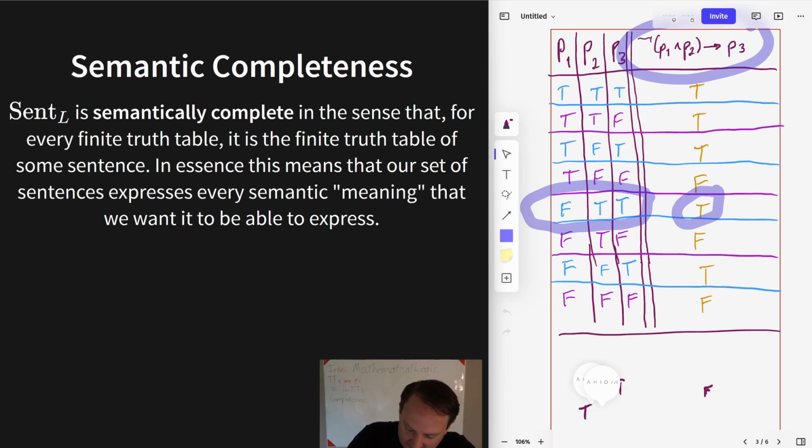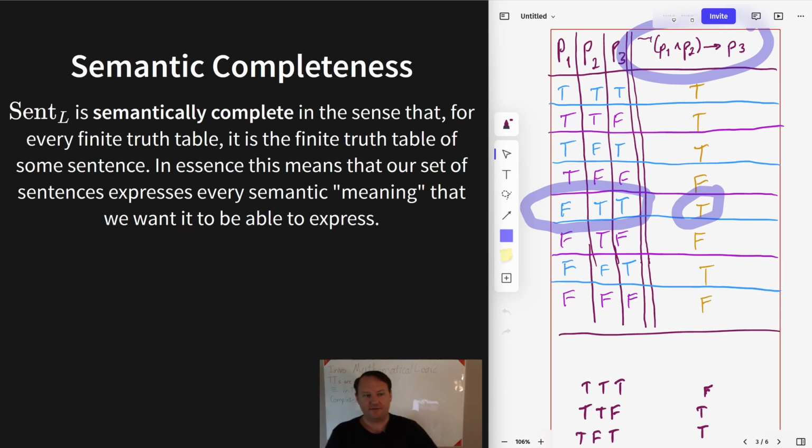Then you could have T, T, F and map that over to T, and then T, F, T, and map that over to T, and so on. This thing may go on as long as it needs to go to fully specify all of the possibilities for the assignments to the atoms. And as you go, you assign each one a truth value.